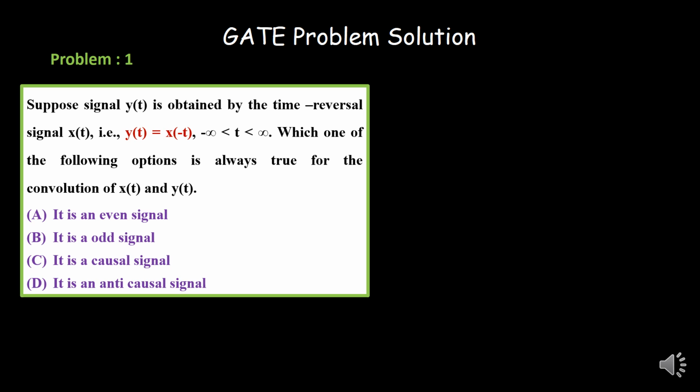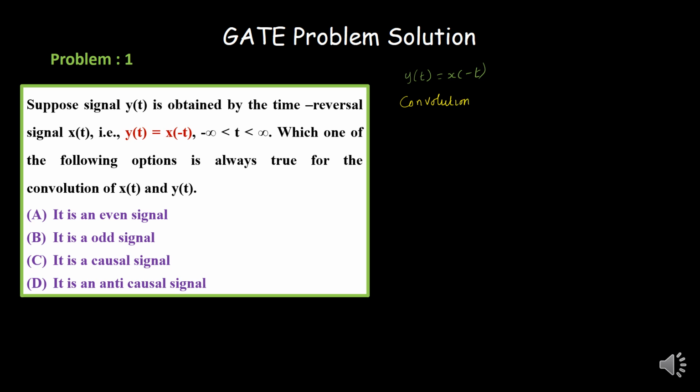So here y of t is given as time reversal signal x of minus t. We need to find the nature of the convoluted signal of x of t and y of t. So let me write the convolution of x of t and y of t.